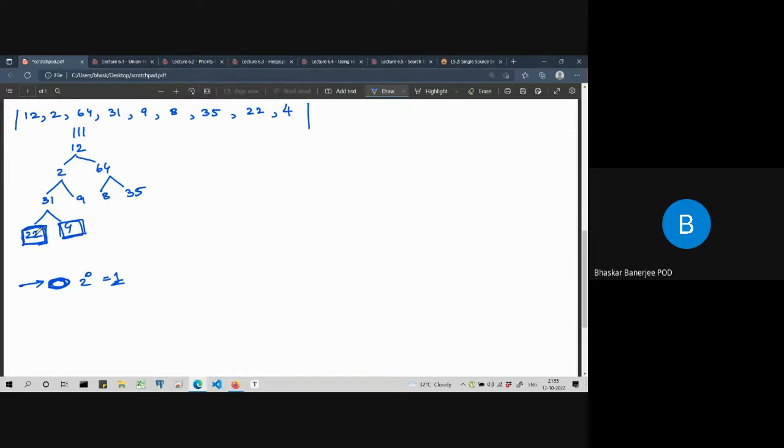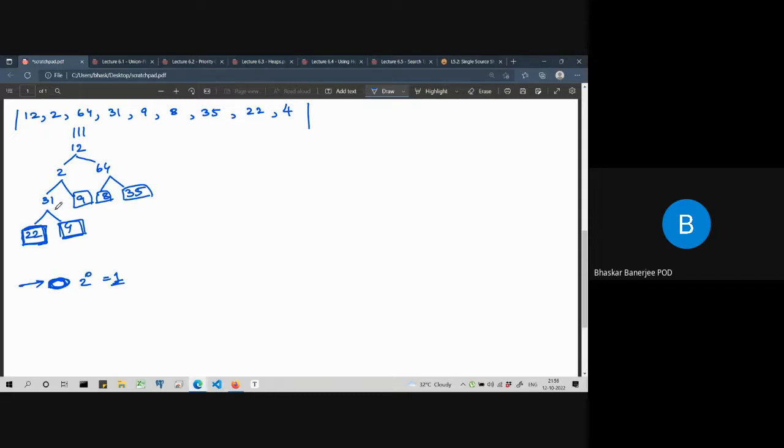Fine. So 22, 44, 35, all the leaf nodes, they do not have any child, and because they do not have any child, they do not have to worry about having a smaller value than the child. That constraint, they don't worry about it. Only when I have a non-leaf node like 31, then I have to think that I must have the parent smaller than the children.